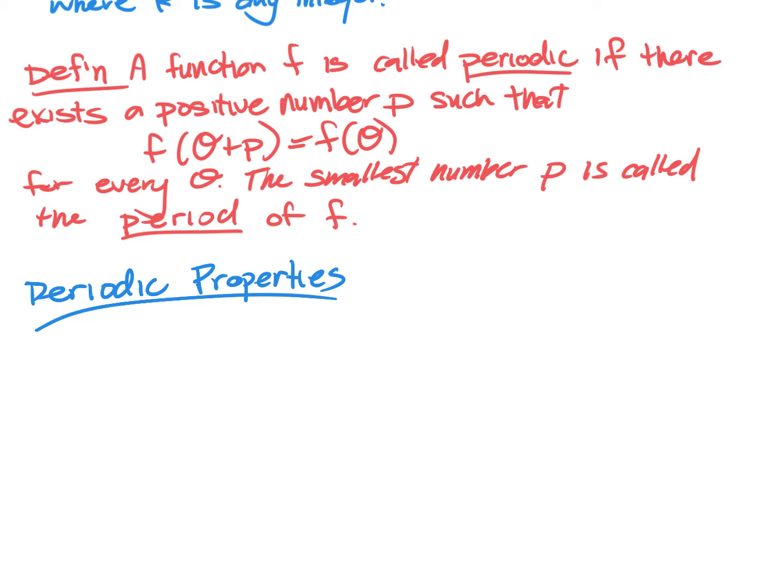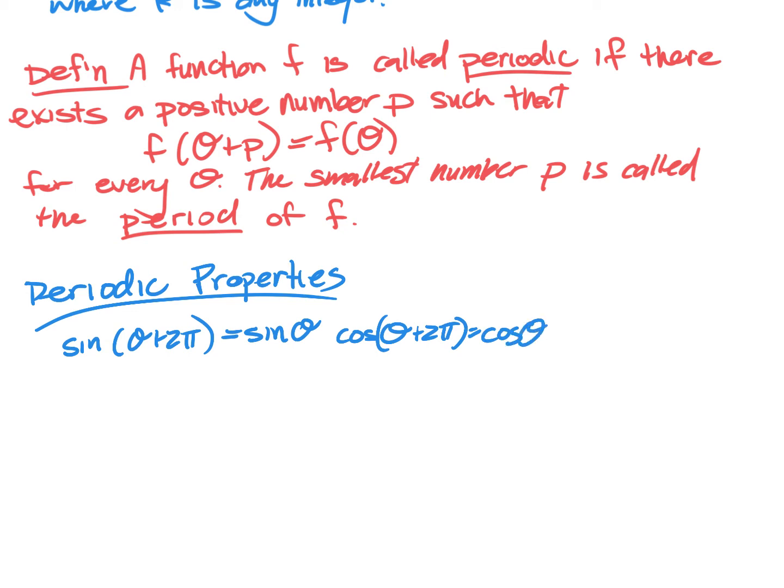And this states that sine of theta plus 2 pi is sine of theta. Cosine of theta plus 2 pi is cosine theta. But tangent of theta plus pi, now it's just pi, is tangent of theta.